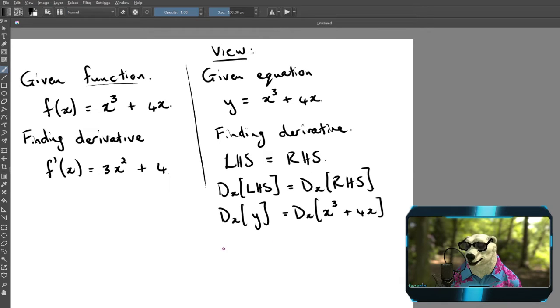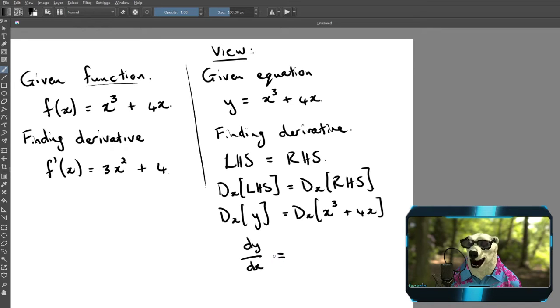Then for the left-hand side, I don't have any information. If I just look at the left, I don't see anything else. I don't have any information to know what y actually is, so I can leave it like this, but the shorter version is dy dx. Any of these versions, big D notation, little d notation, they're all the same, of course.